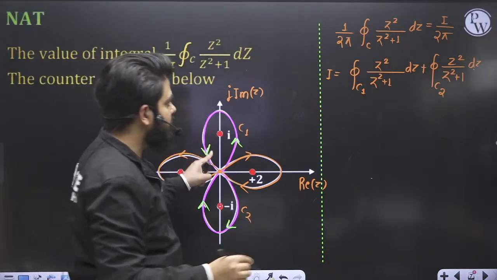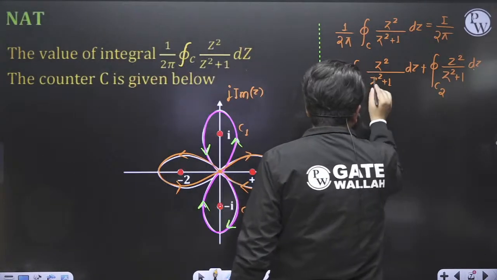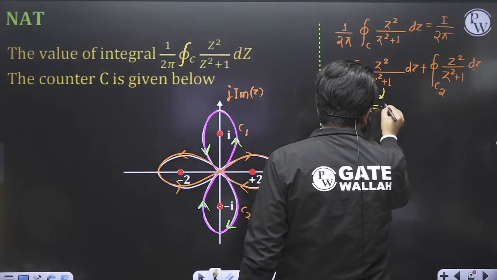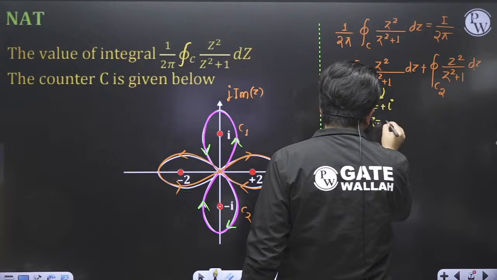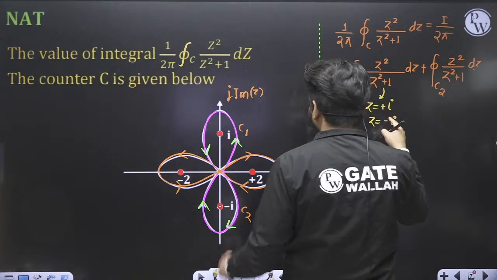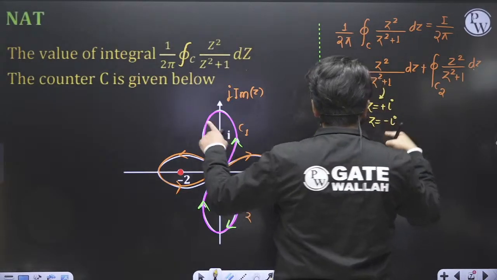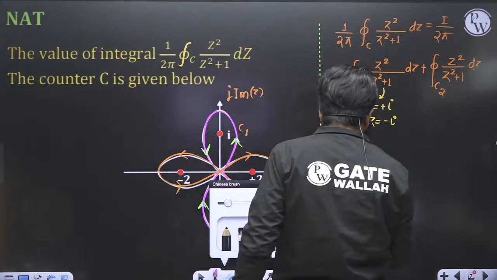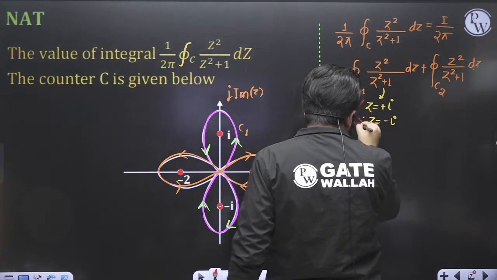C1 is in anti-clockwise direction. Okay, so what will be the answer of this question? There will be two singular points, plus I and minus I. In C1, which singular point is being trapped? Z equal to plus I is being trapped. This is not being trapped.